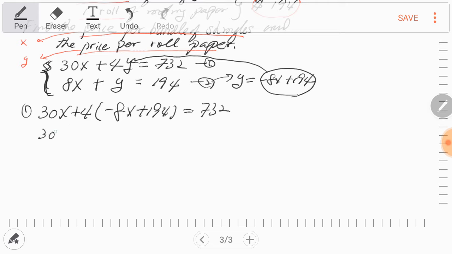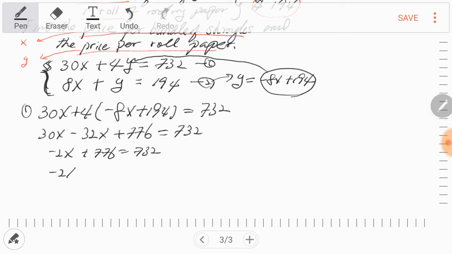So 30x minus 32x plus 194 times 4, which is 776, is equal to 732. Combine the like terms. So negative 2x plus 776 equals 732.